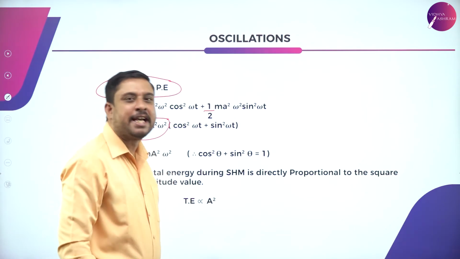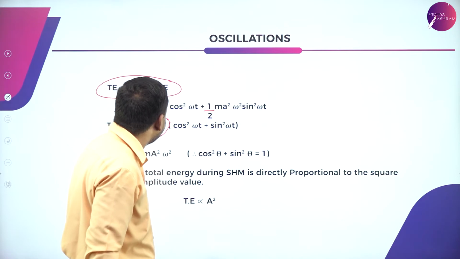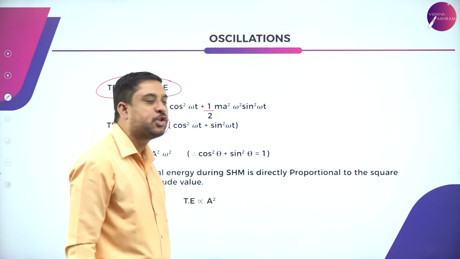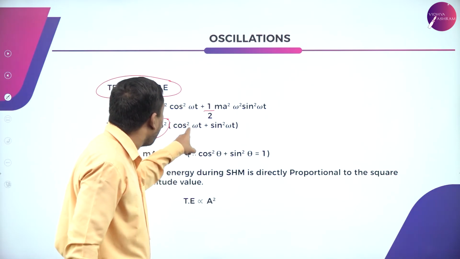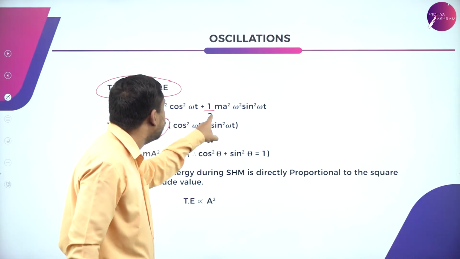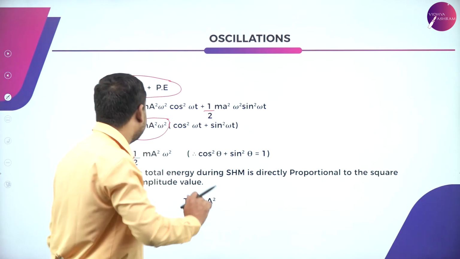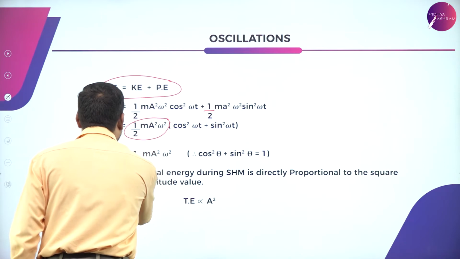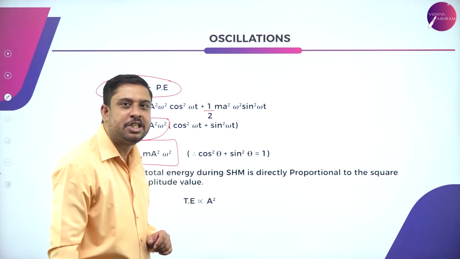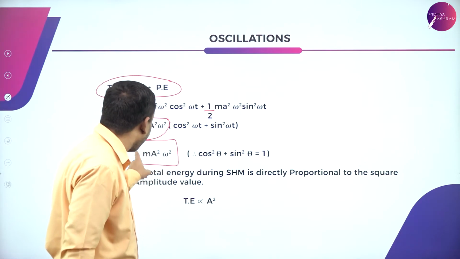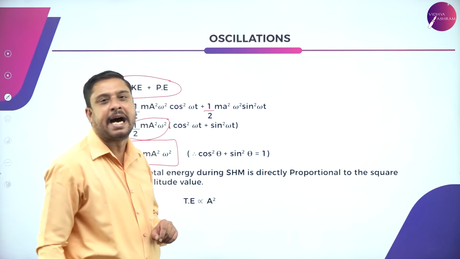What remains? Cos square omega t plus sin square omega t, which is 1. Therefore, I get the expression for total energy as half m a square omega square.